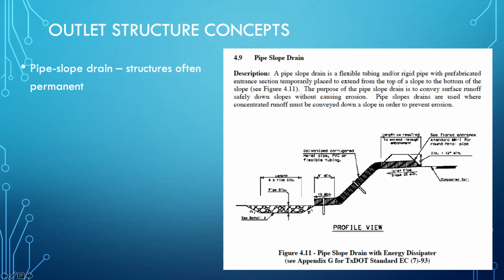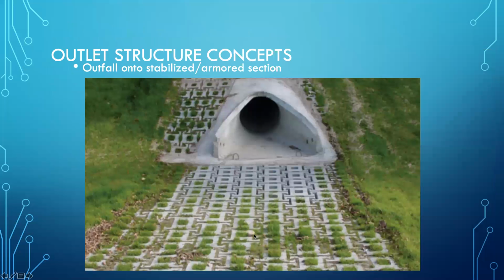And what will occur is we'll create a hydraulic jump inside the pipe, and we can select a pipe material that's more than capable of withstanding the forces of that hydraulic jump. It uses a lot of energy, and then again in the receiving stream we provide a little bit of armoring right where the water comes out, and then it makes its way on downstream. So that's another energy dissipator, and there's quite a few more in this document.